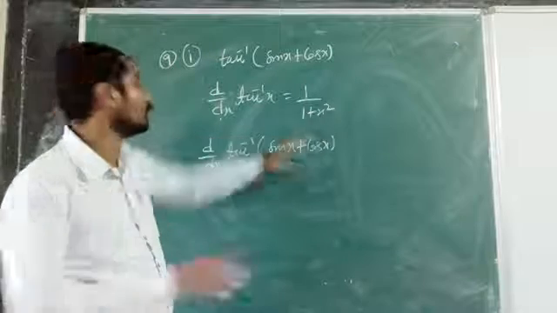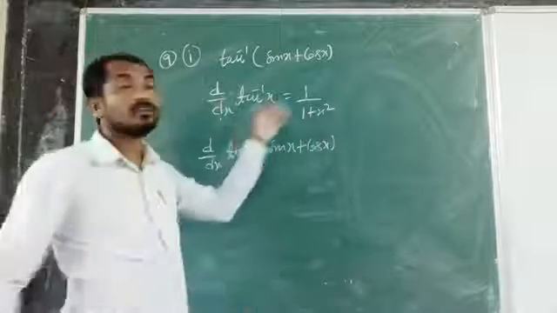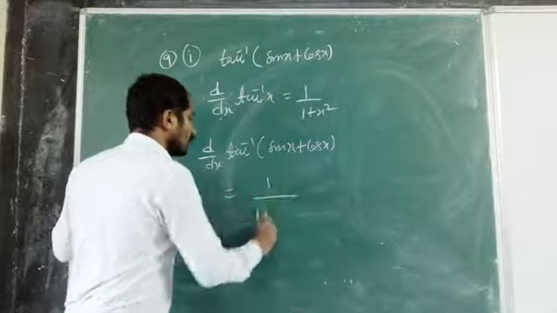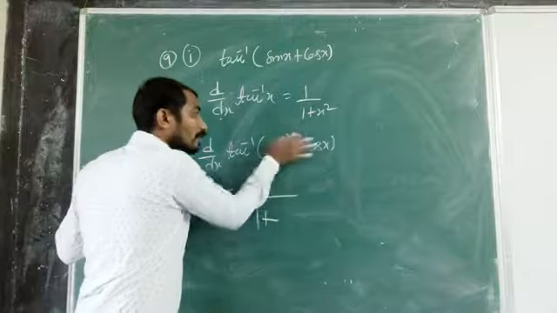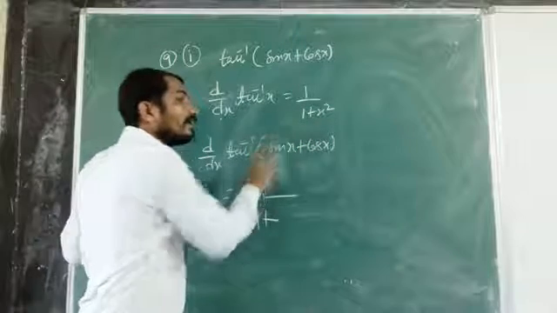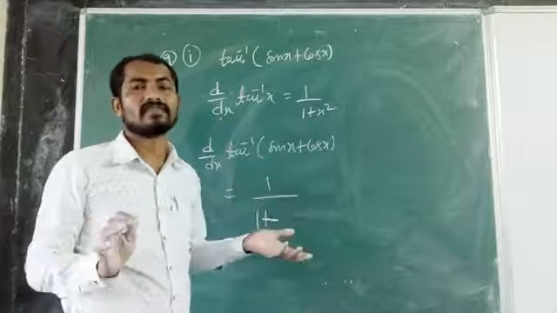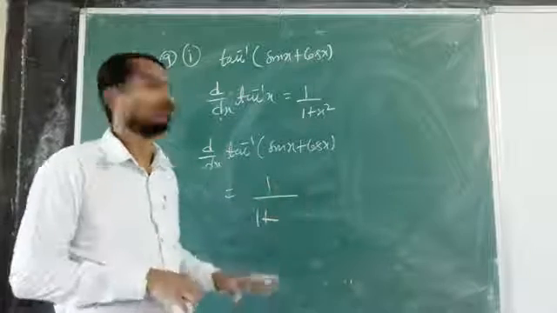Then we will be applying the formula. d by dx of tan inverse x was the formula 1 upon 1 plus x square. It is not x, but we are assuming it as x. We are considering it as x, then we are applying the formula.